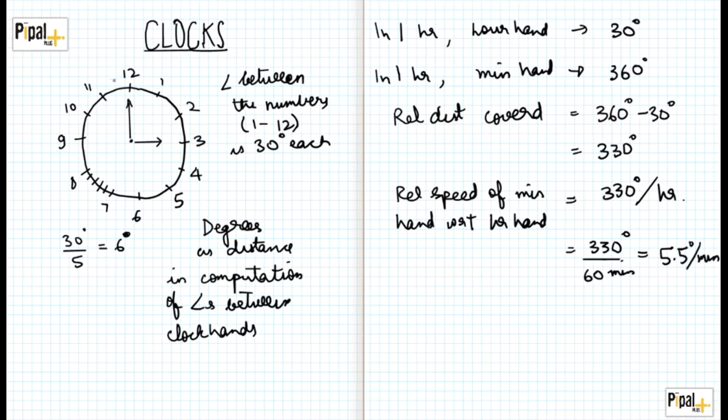So basically in 1 minute, the minute hand moves from this marking to this marking, which is 6 degrees, but the hour hand will have moved only half a degree in the same direction, right? So the difference is 5.5 degrees in 1 minute, 330 degrees in 1 hour, and so on. So we are going to use this idea.